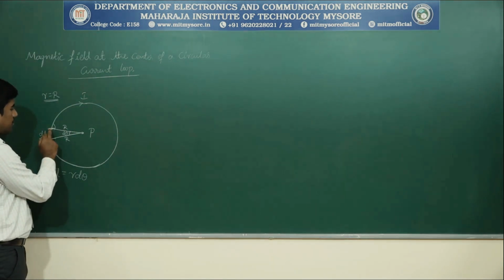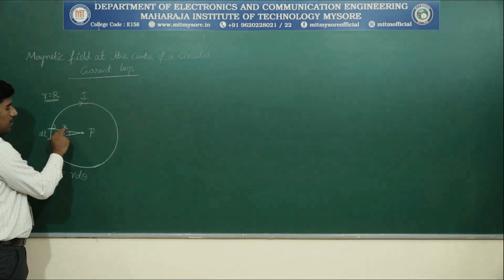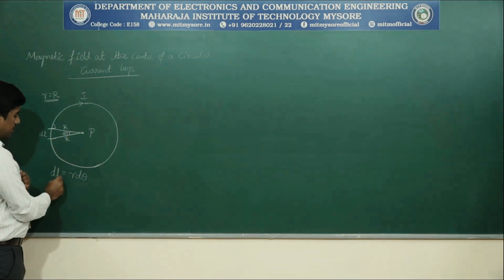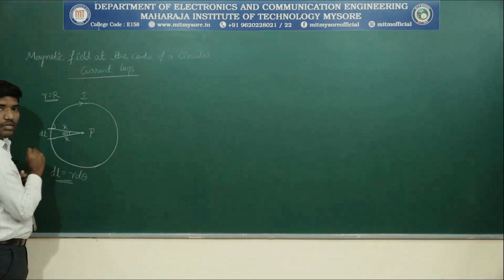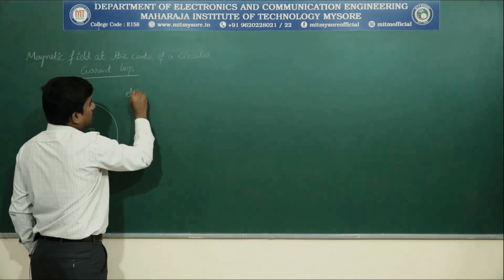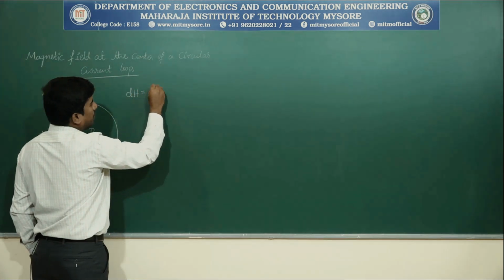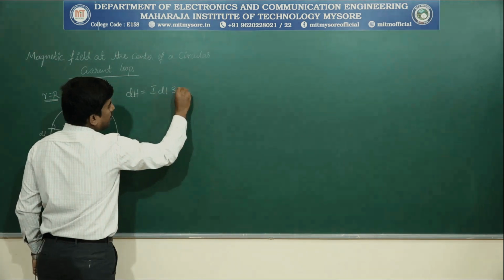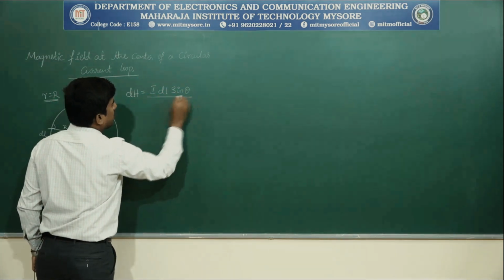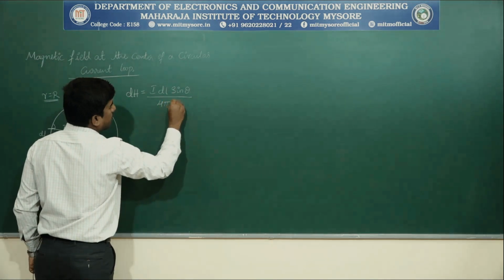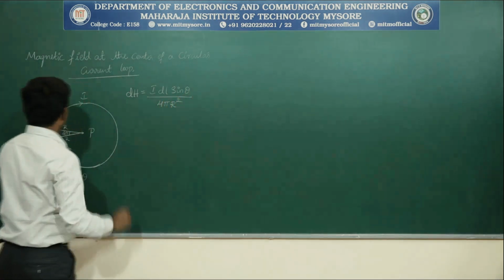This distance is dependent on radial distance r and the angle, hence dl can be written as r into d theta. Now consider the magnitude of the Biot Savart's law, that is I into dl into sin theta divided by 4 pi r square.